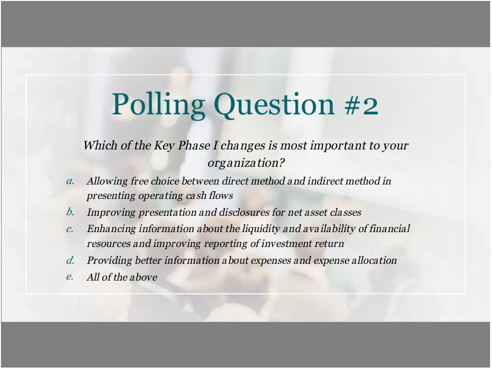Allowing free choice between direct method and indirect method in presenting operating cash flows, improving presentation and disclosures for net asset classes, enhancing information about the liquidity and availability of financial resources, and improving reporting of investment return, providing better information about expenses and expense allocation, or all of the above. Please go ahead and record your answers, and while we're waiting, I will give you the second CPE word, which is audit. Again, the second CPE word is audit.